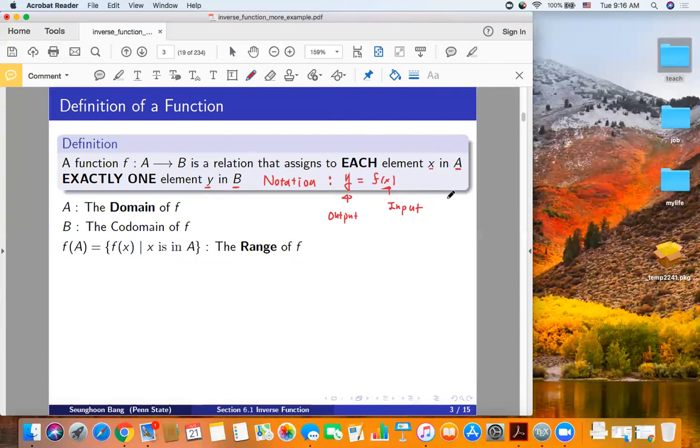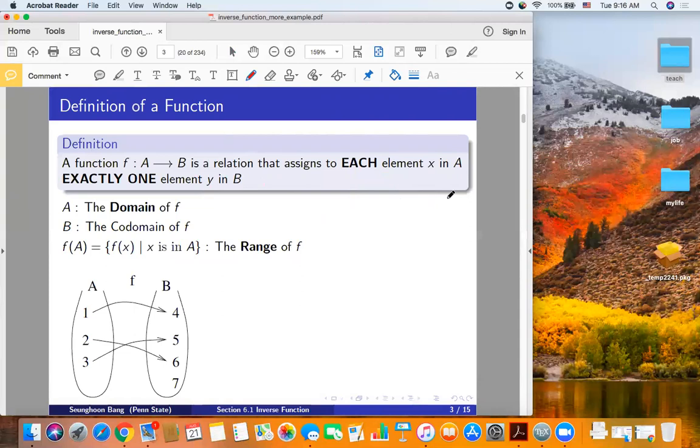Okay, next, we think about one example. We have one relation f from A to B. A has 1, 2, 3, and B has 4, 5, 6, 7. My question is, is this a function or not? Could you write your answer on the chatting board?